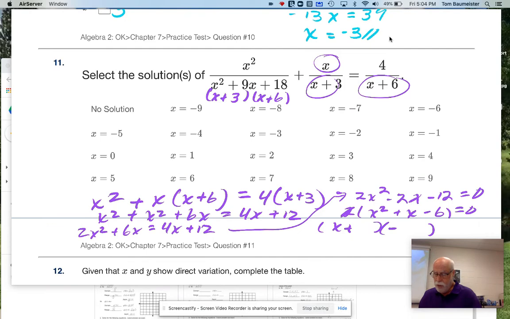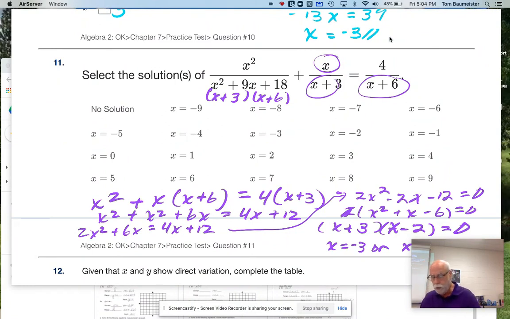And let's see, what are factors that when I multiply them give me negative 6, yet when I add them give me a positive 1, so that would be x plus 3, x minus 2 is equal to 0. So x is equal to negative 3, or x is equal to 2.